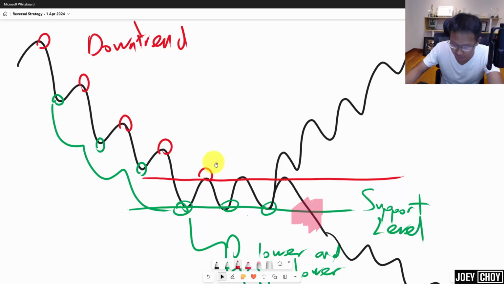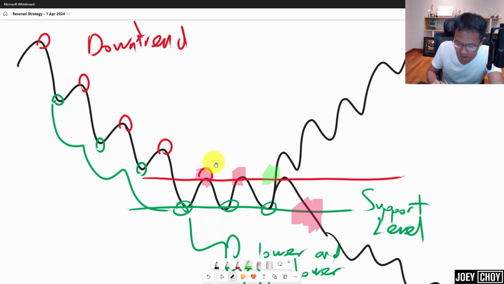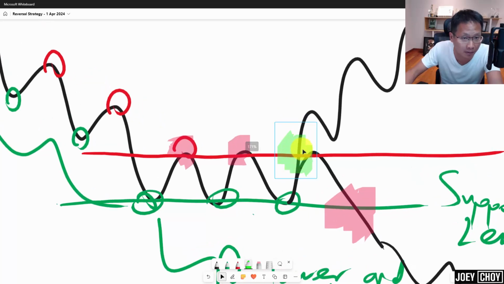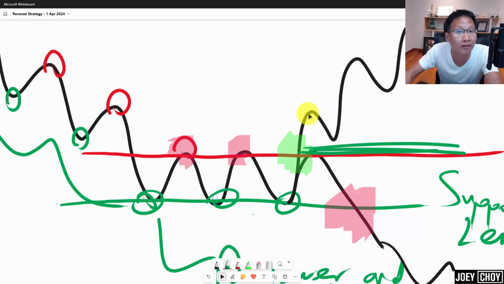That is a price level where you can see sellers coming back to push it down, like 2 times, and finally we do see this resistance level being broken right over here. That means it breaks above the resistance level. Well, that is a good sign of this resistance becoming a support level.